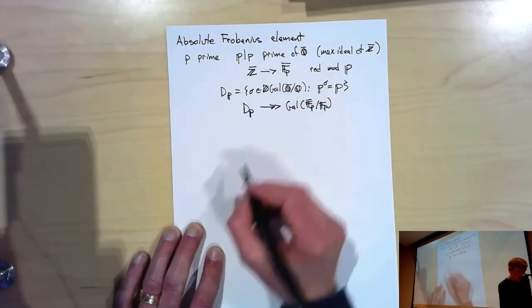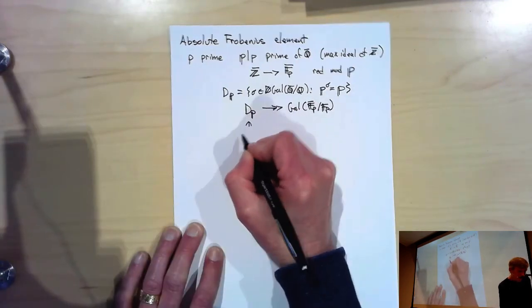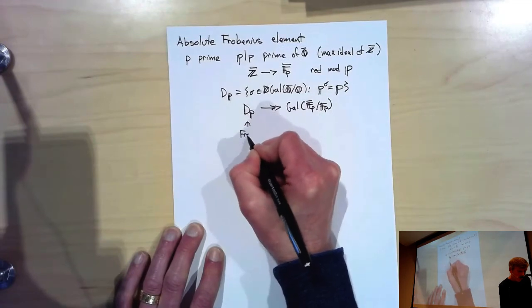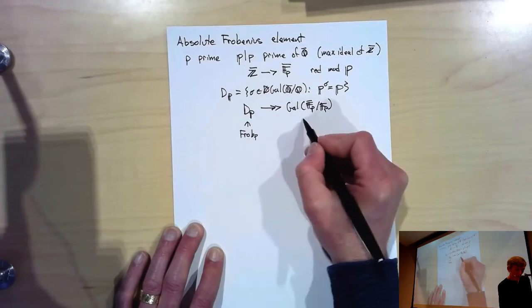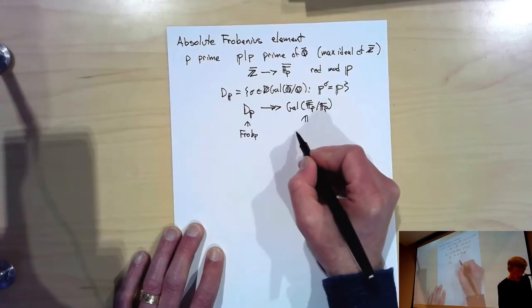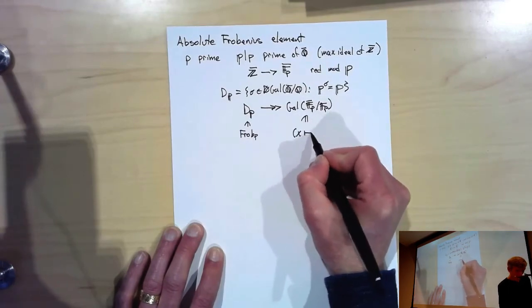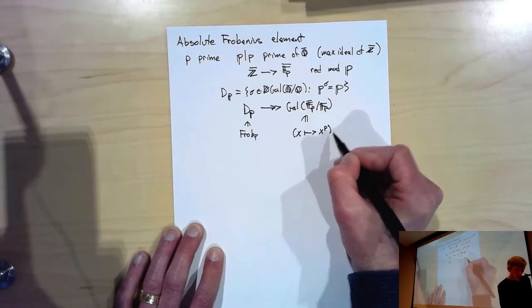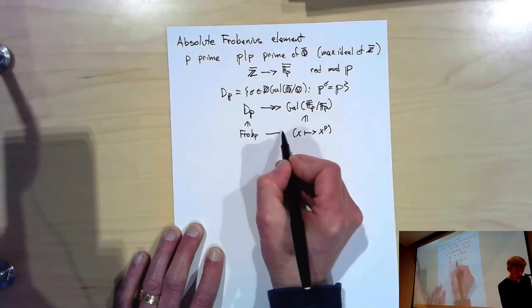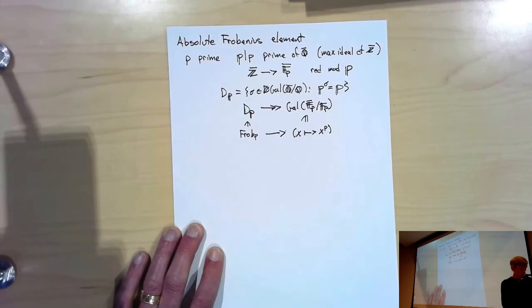And we're going to take our absolute Frobenius element. We're just going to pick some element of this decomposition group, doesn't matter which one. The only thing I'm going to insist is that it gets mapped under this homomorphism to the Frobenius automorphism, which we know is a canonical generator for this Galois group. Okay?